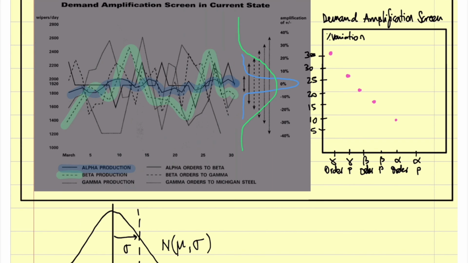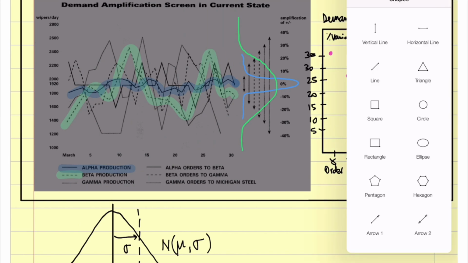And then we have the alpha production. So what do we have, guys?